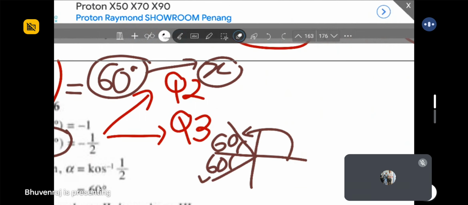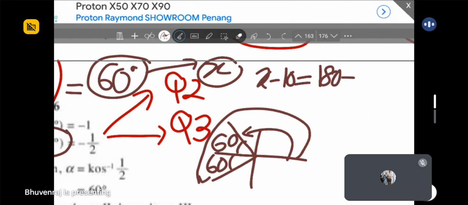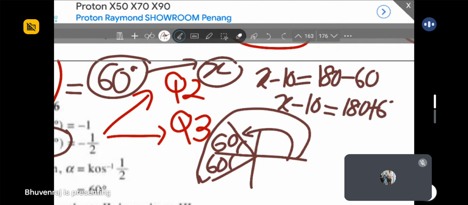Kamu akan ada 180 tolak dengan 60. This is your first one. The second one is x minus 10 equal to 180 plus 60. Are these the only two answers, guys? Adakah ni dua jawapan saja?